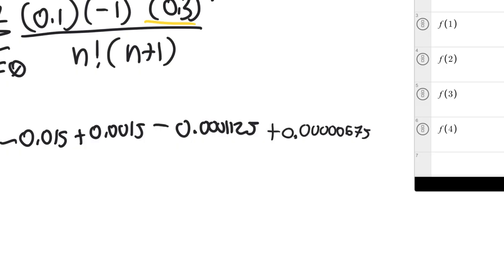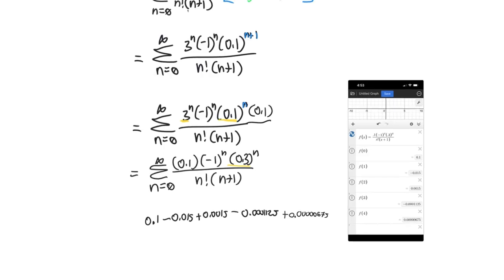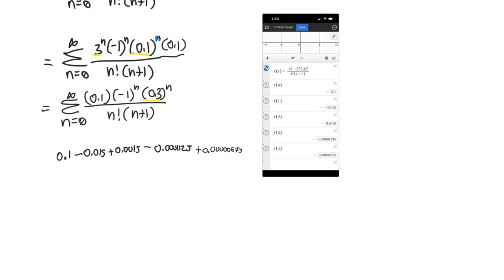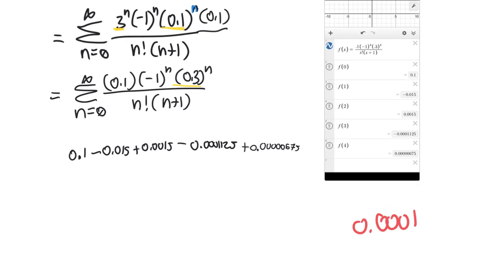So we want the error to be less than 0.001. Okay, the error needs to be less than this. And the only time we get a number where the magnitude, the absolute value of it, we don't take into account the negative, is actually less than this is not here, right?